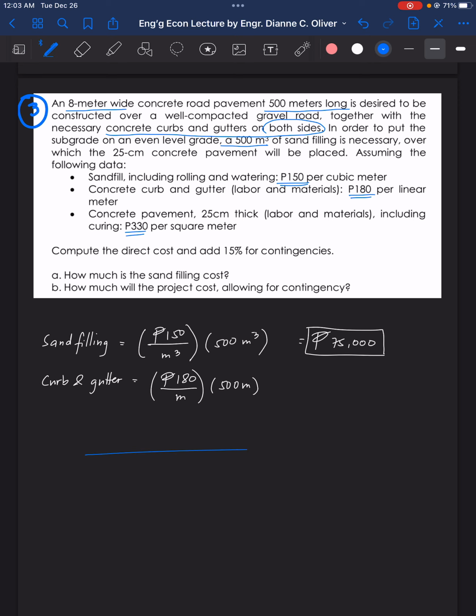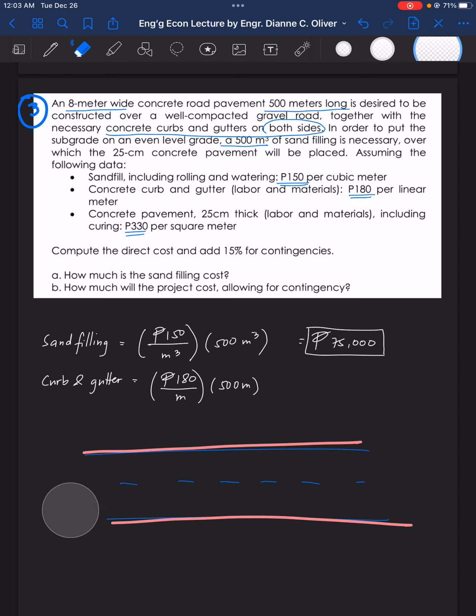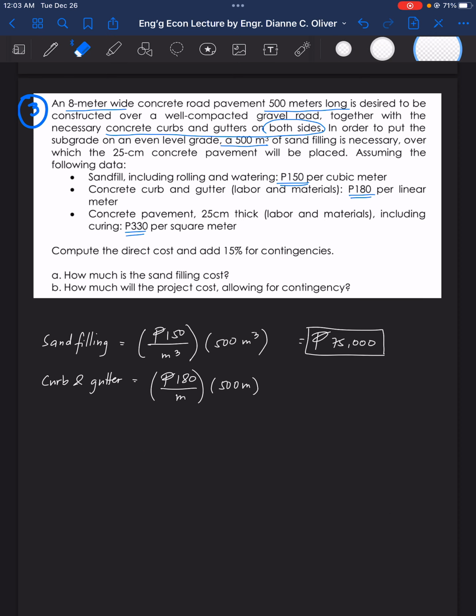Of course, if you have here the roadway, we have here the center line. So the curb and gutter will be put here at the sides. So there are 2 sides. So if the length of the road is 500 meters, therefore we will multiply it by 2.